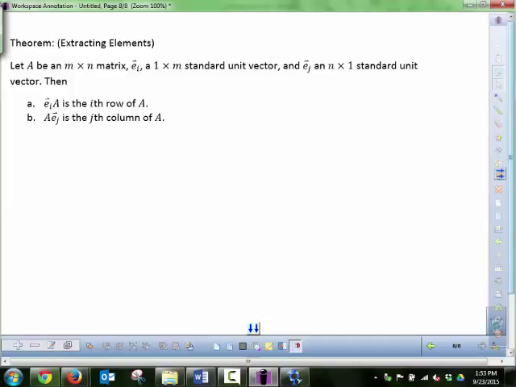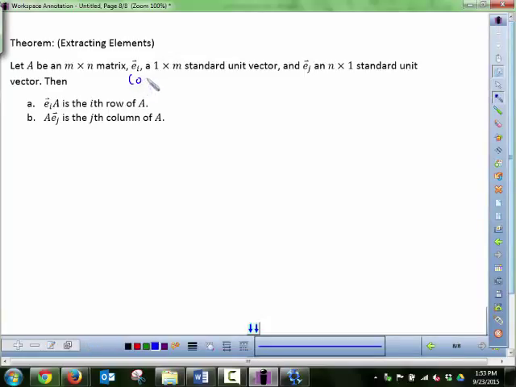The Ei vector is a 1 by m unit vector, so one row, with zeros everywhere else except for the ith entry in that vector.